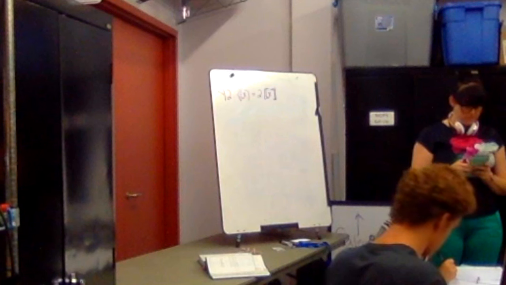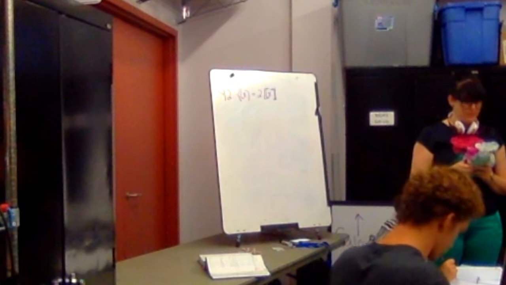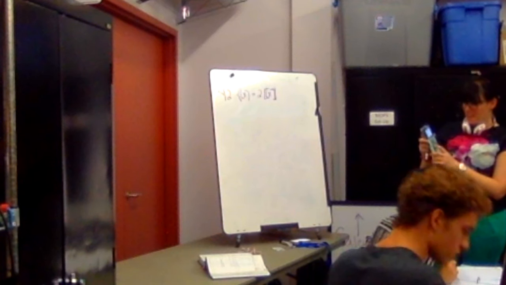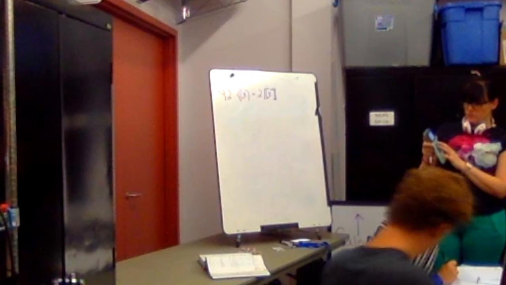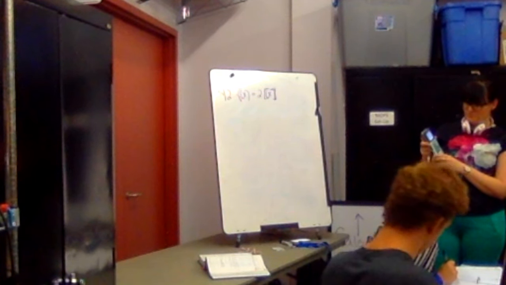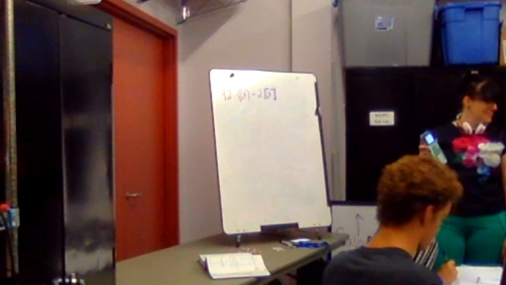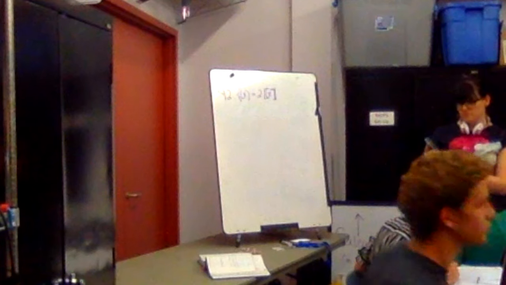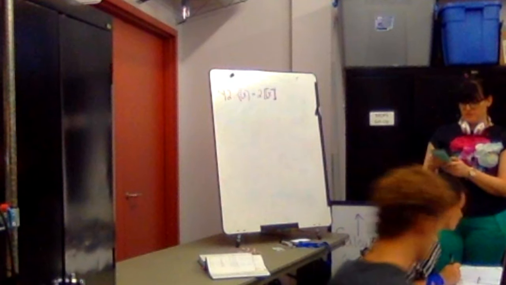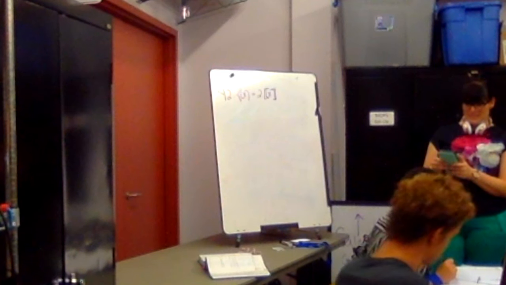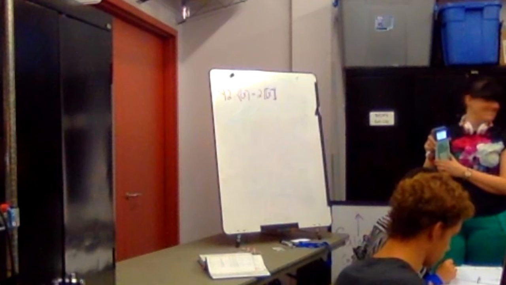In my y equals menu, I hit math, and then I scroll over to number, and then number 5 is the integer function. So x, and then I'm just going to insert my 2 in front of it, like that.